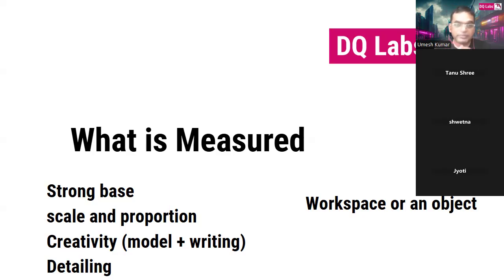And then the scale and proportion. This is very, very important, no matter whether it is workspace related or product related. I'll give you an example of a workspace. Let us say they have asked you to create a doctor's room, a dentist's room to be very precise. A dentist room will have many objects in the room, right?